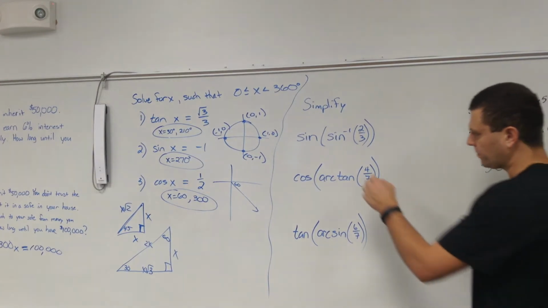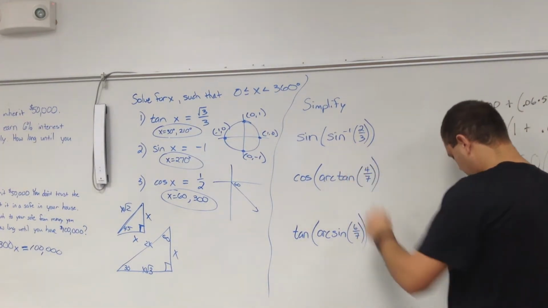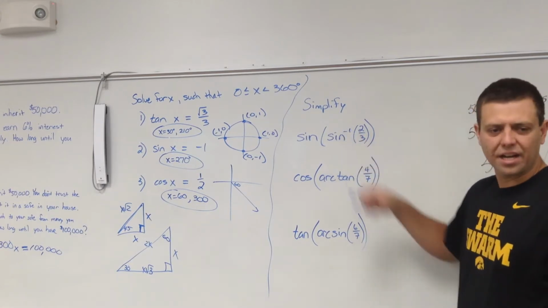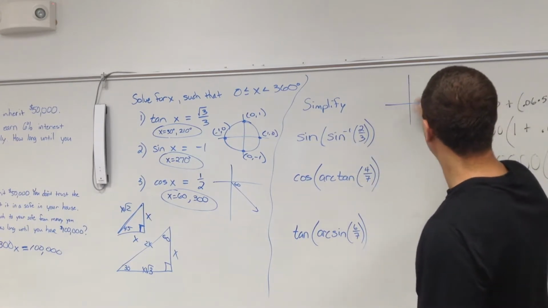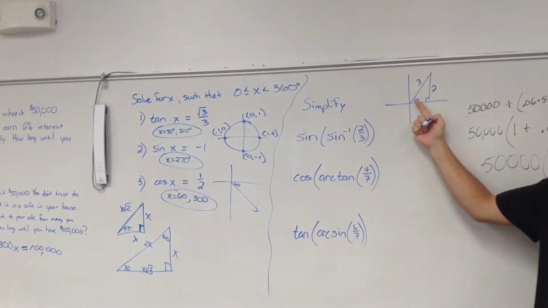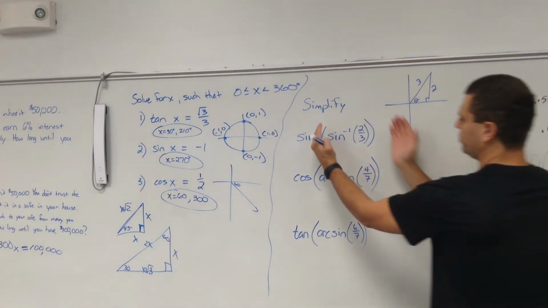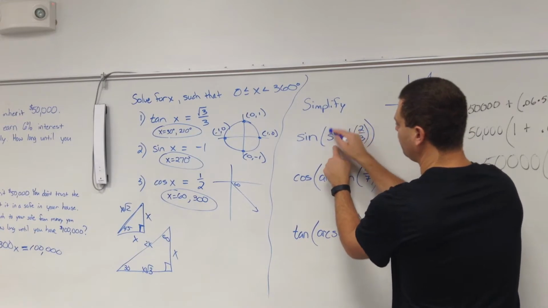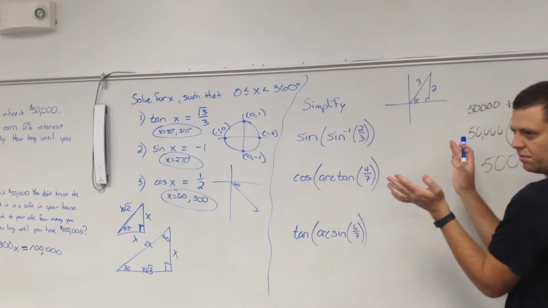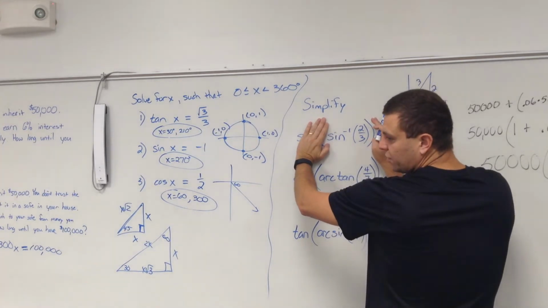You can do this on a calculator, but you're not going to need to. The inverse sine of 2/3 is really just helping you find the value of that angle right there. If I said, what's the inverse sine of 2/3?